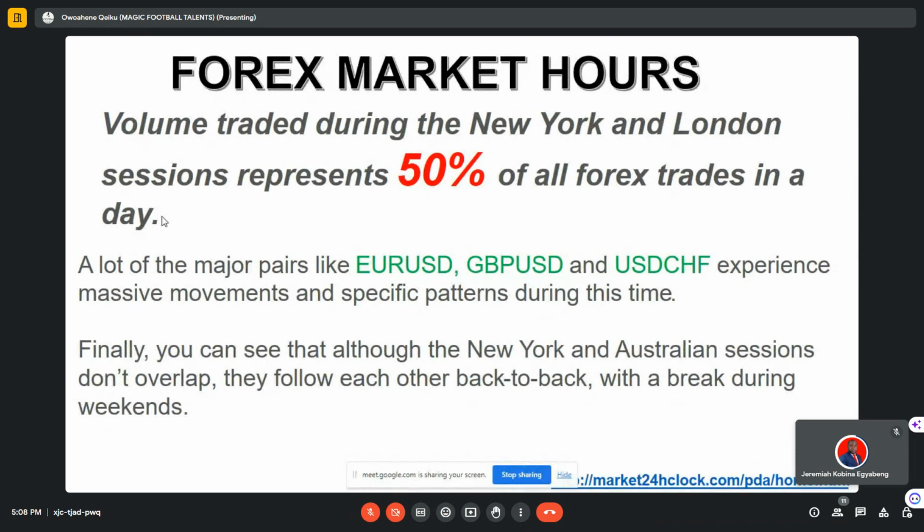If you are trading around that time and making profit, you are making massive profit. If you are making losses, you are making massive losses. That is 50% of the daily trading activity.